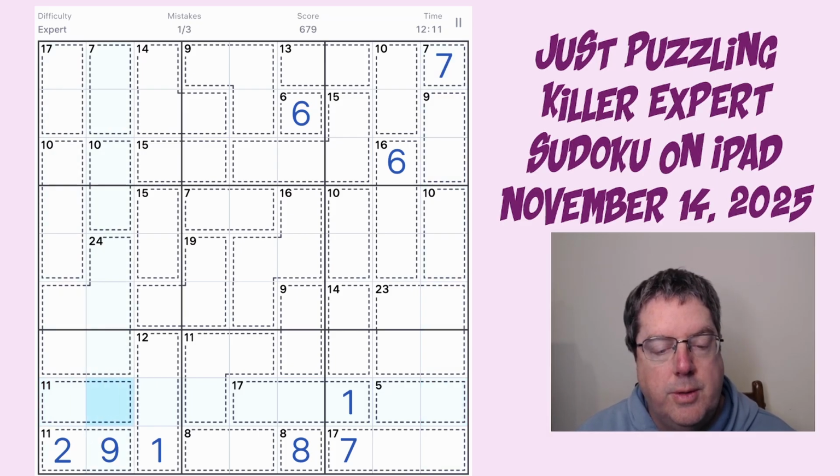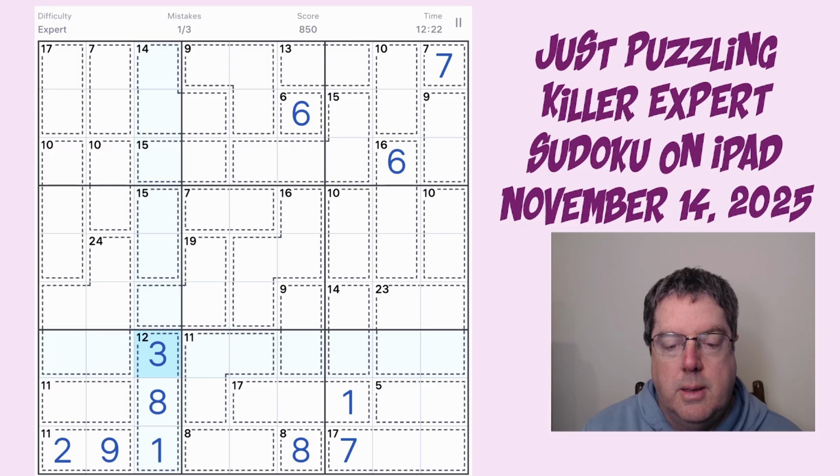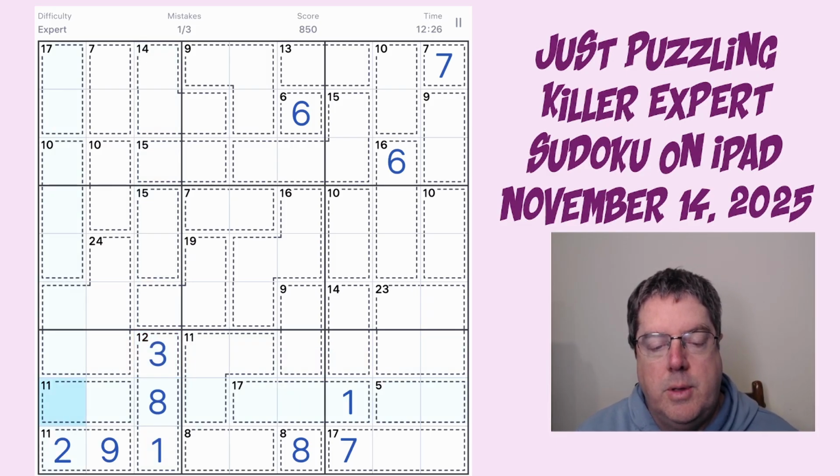So this is 5 and 6. 8 can't be there, so 8's not there, so that's an 8, leaving this to be a 3. I'm in 19, 24, that's too much, 11, 19, 24, I need 21, so that's a 4 there.